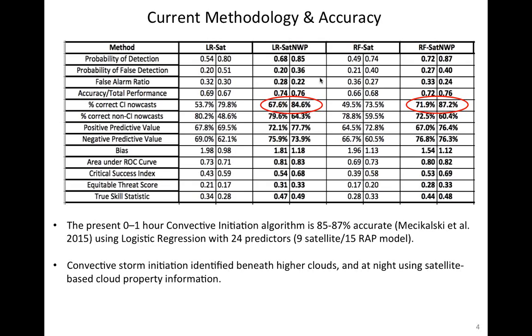The methodology also detects convective initiation at night. As you'll see in a minute, we are detecting convective initiation beneath thin cirrus, so we're using cloud property data sets to help our algorithm perform better where forecasters need help determining convective initiation.